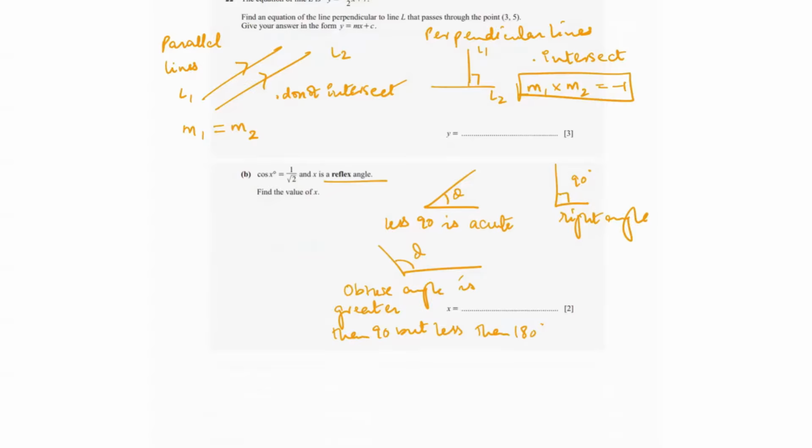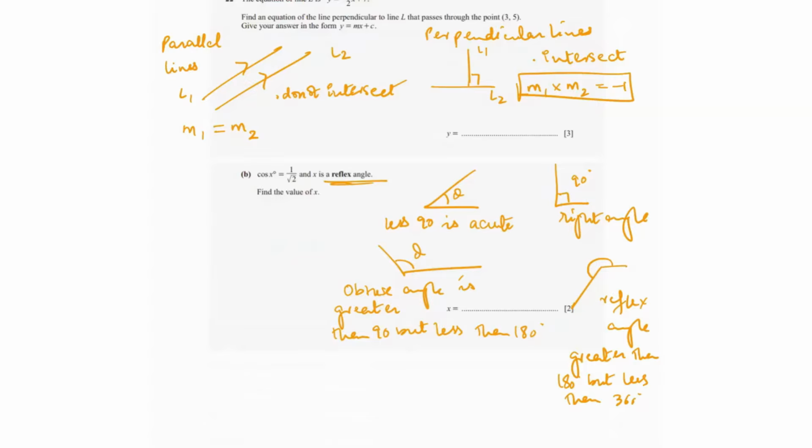Then we have reflex. That's greater than 180 but less than 360. So you need to know your different types of angles. If you don't, you won't be able to understand what angle they're asking for.